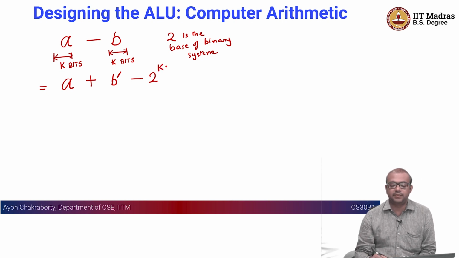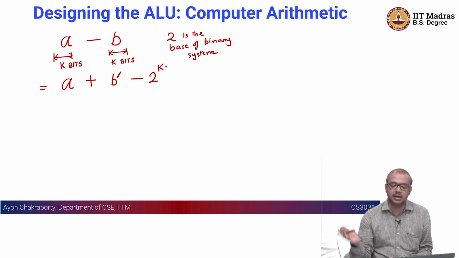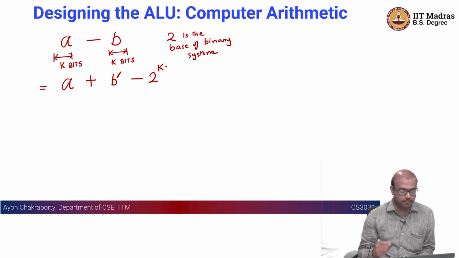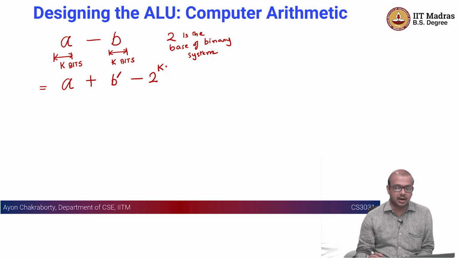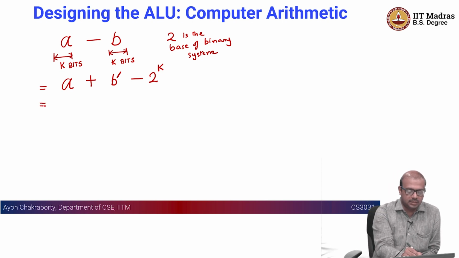So without knowing this b prime's value, I can write it in the same format, and then back calculate the value of b prime. Now the target we have is to realize this value of b prime. What is this b prime? We don't know.